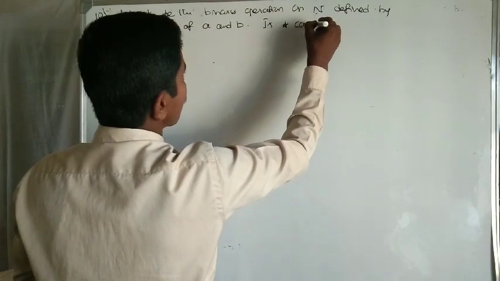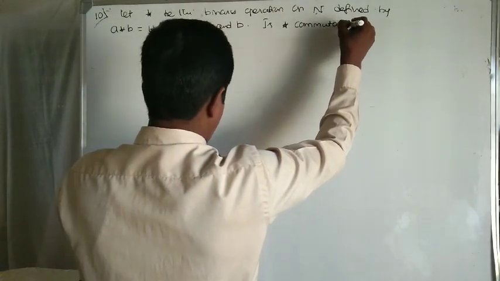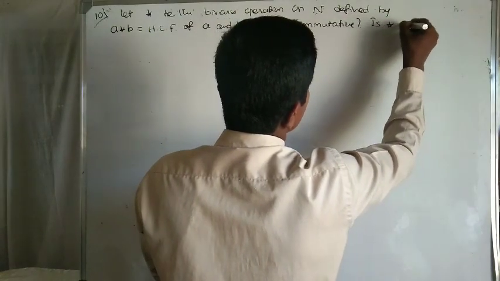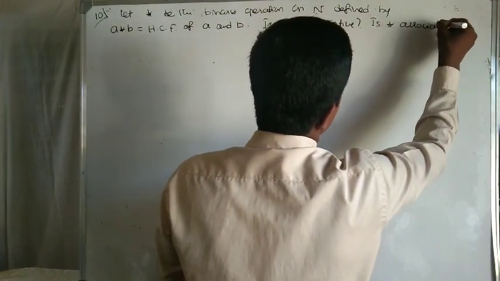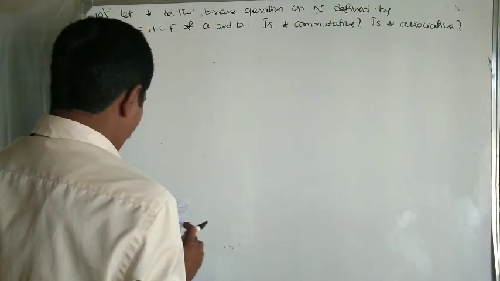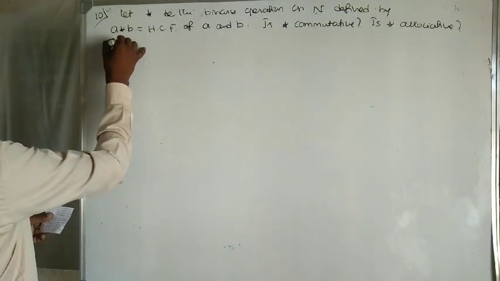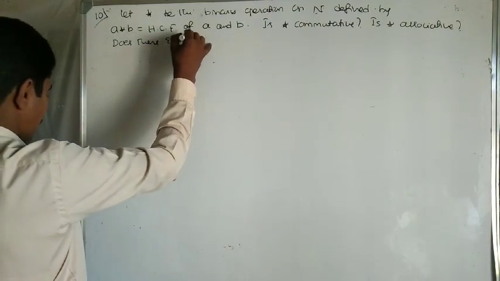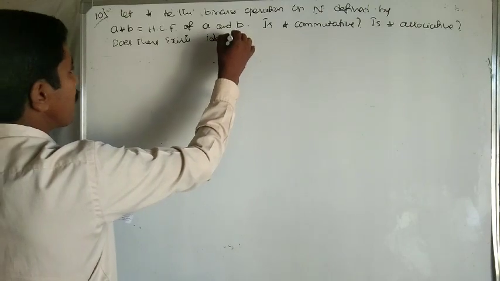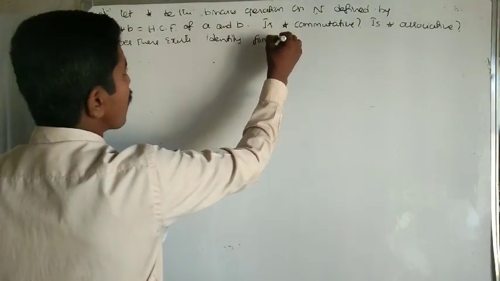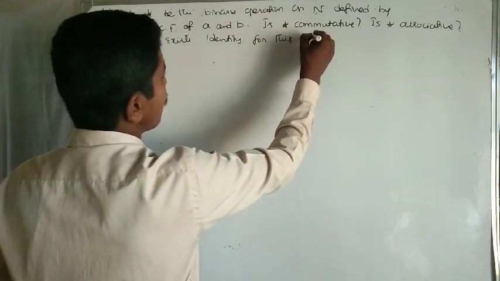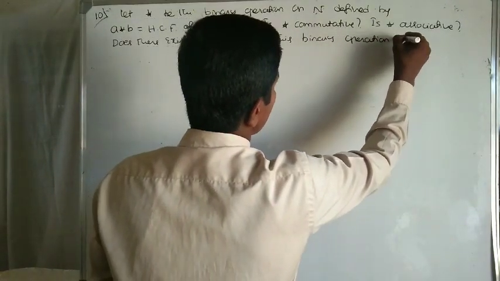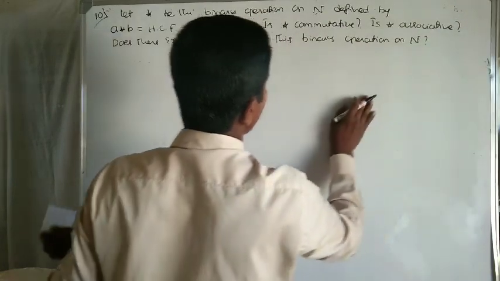Is star commutative? Is star associative? Does there exist an identity for this binary operation on N?